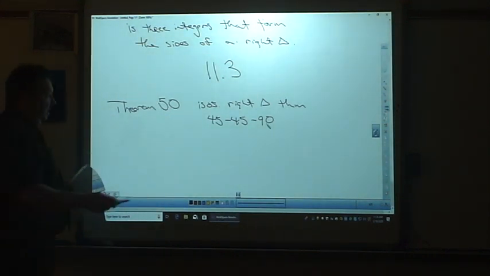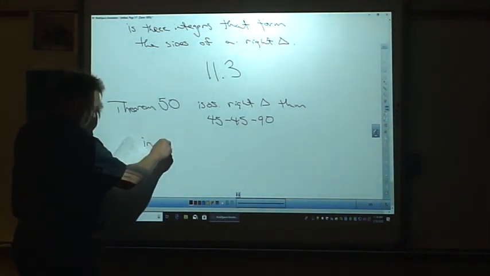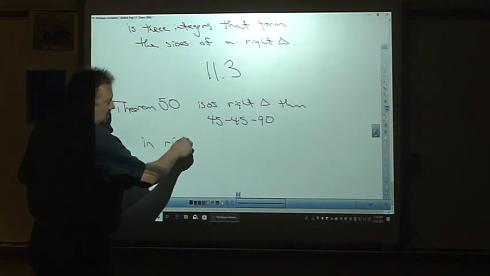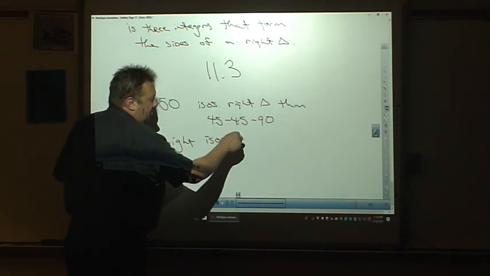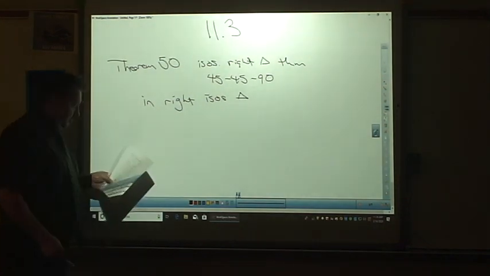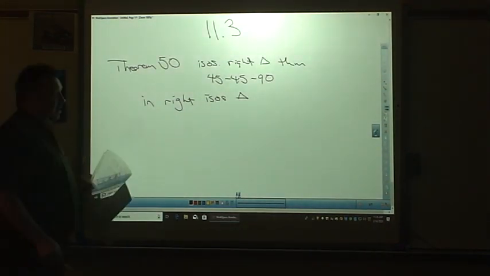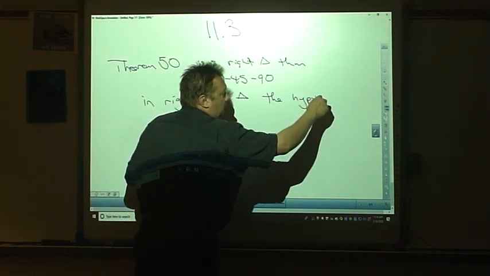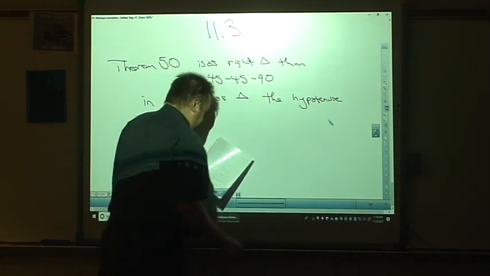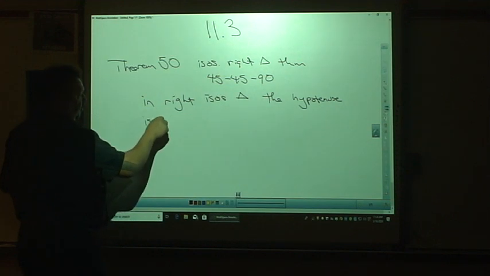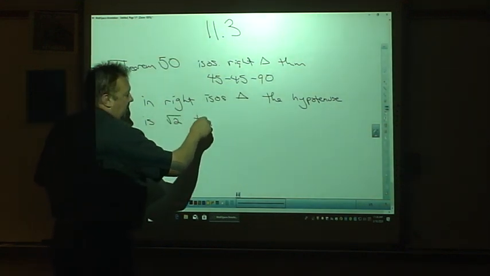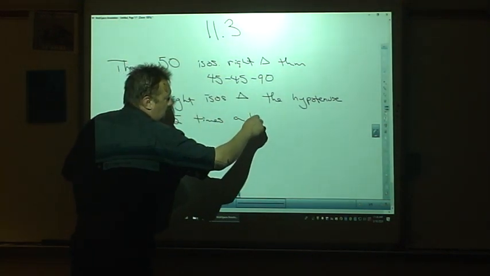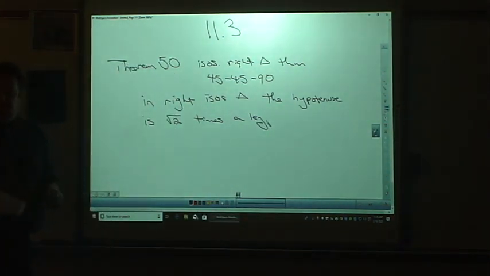And what it says is, in a right isosceles triangle, the hypotenuse is square root of 2 times a leg. And the proof is pretty simple, and you'll see it probably a couple of times.